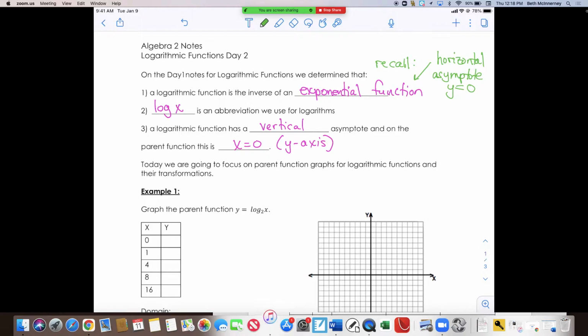If you hit Control and that button, so what we're going to do in the table is I want log base 2 of 0. So you're going to put the 2 and then the 0, like that.